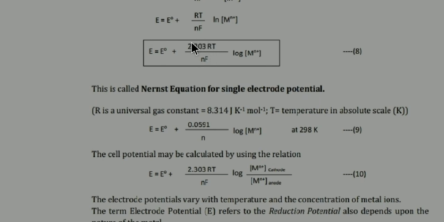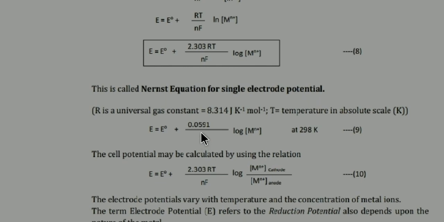You substitute all those things and you get E equal to E naught plus 0.0591 divided by n log of [Mn+]. Here n is not substituted because this is a general equation; we started with Mn+. As this is a general reaction, we just write n as it is.